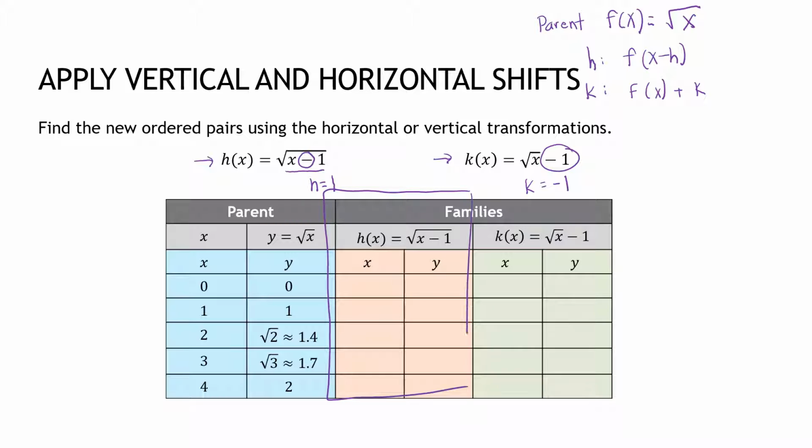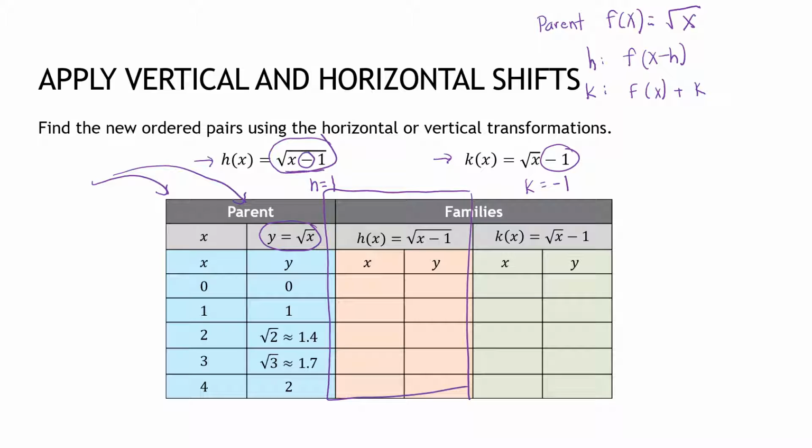Here's my h. Now these two columns are the x and y values of just my normal parent function. So if you took your graphing calculator and graphed y equals the square root of x, these are the first 5 points that you would come up with. So the question is, without having to get my graphing calculator out and plug in this function, can I translate, can I move the function?